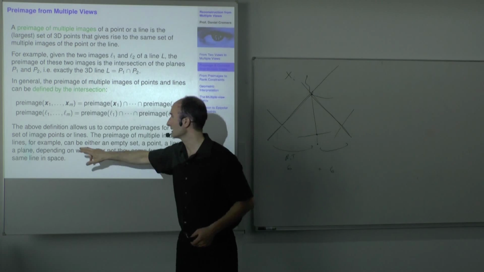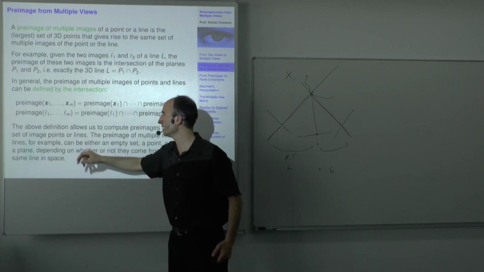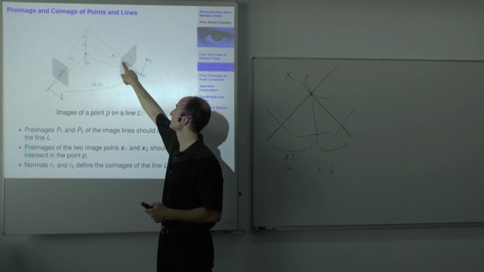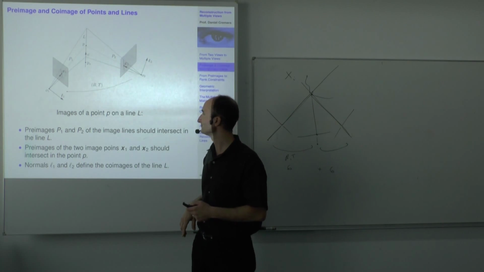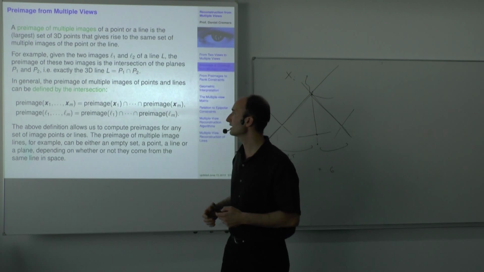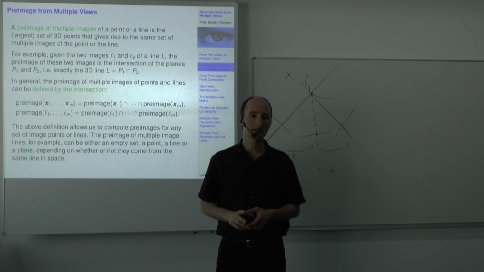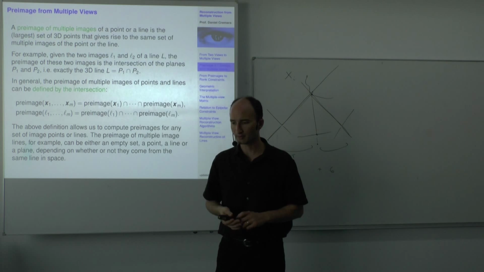And similarly, you can have lines. L1 to LM are, if we go to the drawing, the lines observed in the 2 images. And then we can define the pre-image of these as the intersection of the individual pre-images.